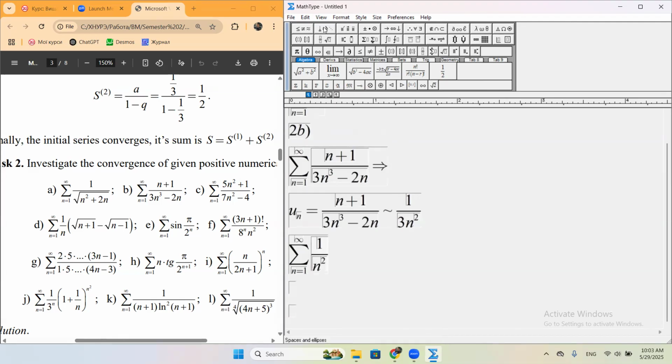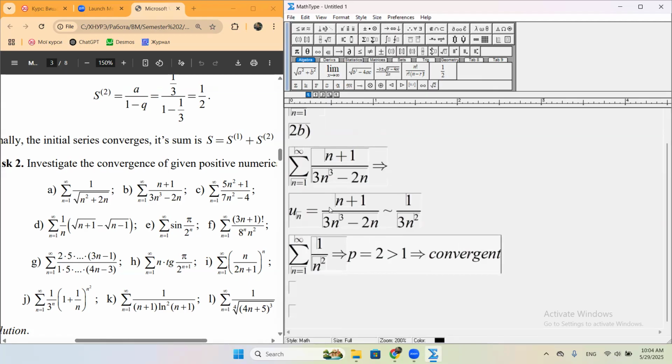So for this generalized harmonic series, the degree p equals 2, and it means that it is greater than 1. So it means that this series is convergent.